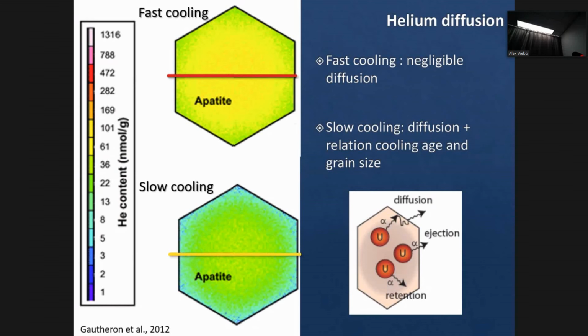So when you do a graph comparing cooling age with grain size, if you see a relation going down like that, with helium content decreasing a lot with grain size, it means you have slow cooling. And if you see nothing, like if you have very fast exhumation and absolutely no relation, then you have fast cooling. That's why it's good to always take grains of different sizes, just to look at this.